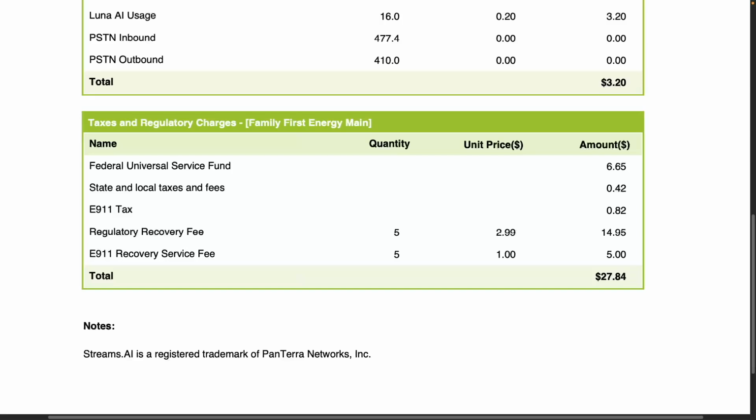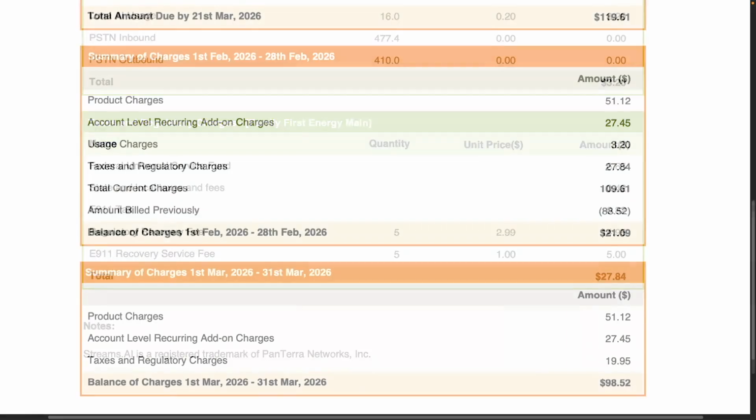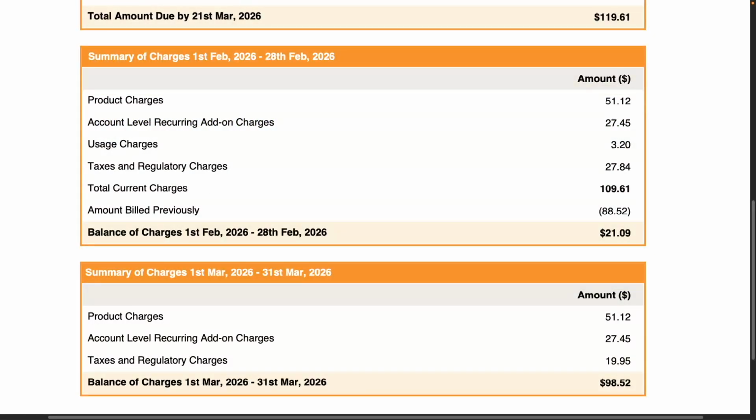So that brings the total taxes and regulatory fees for February to 27.84. Now, also keep in mind the March prepaid section also includes taxes and regulatory charges of 19.95, which are part of that upcoming month's total.